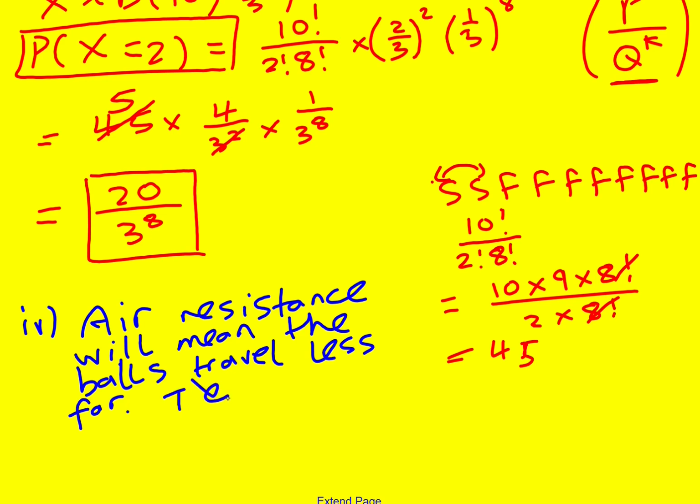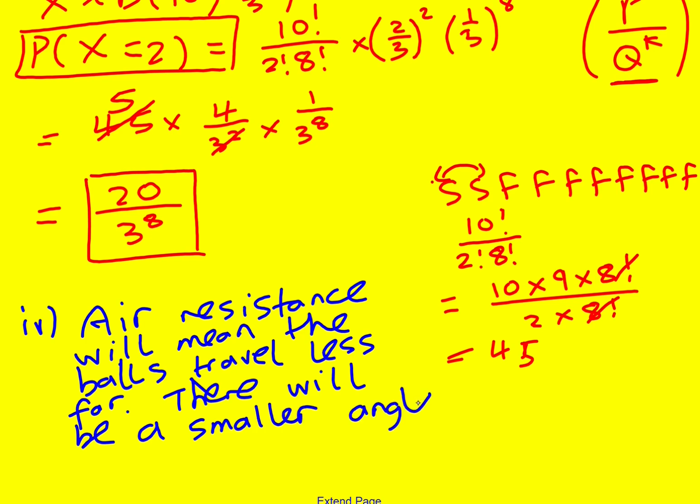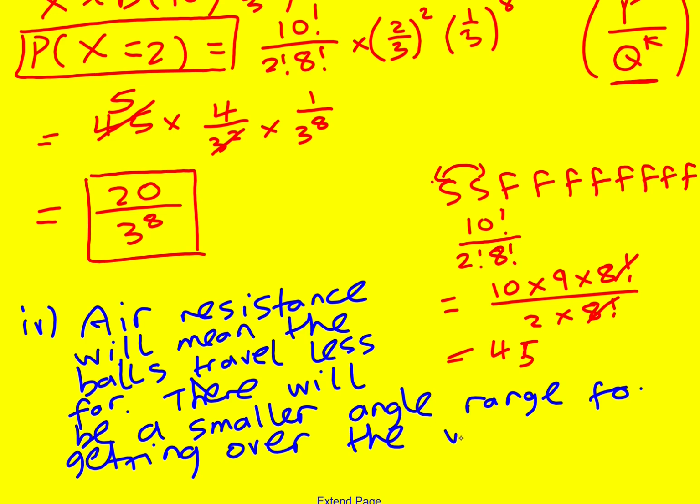There will be a lower angle range, or a smaller angle range, for getting over the wall. So a lower probability.